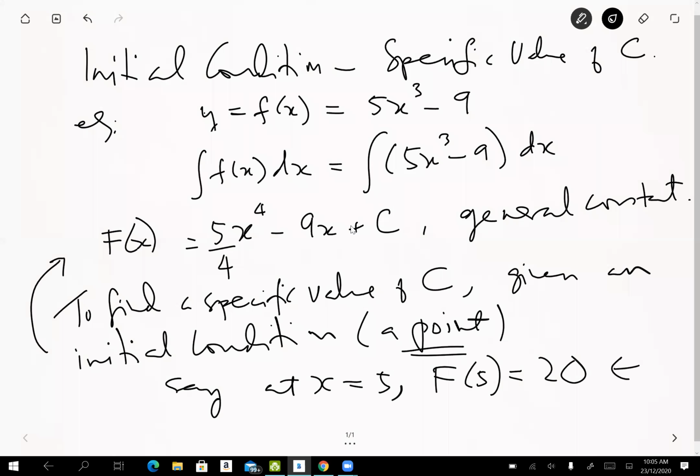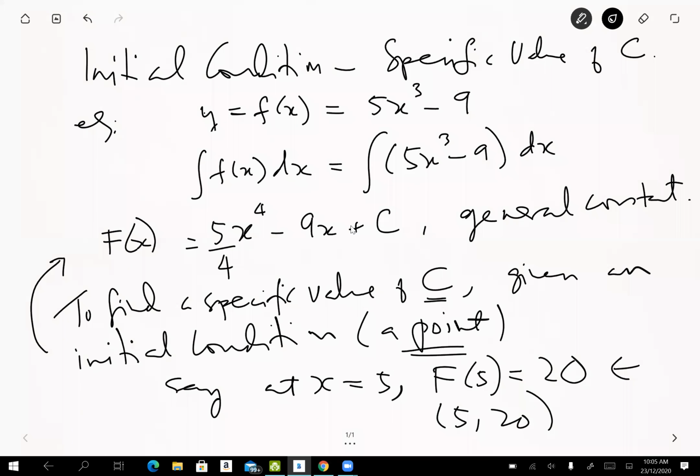We are given a point, in other words the point 5, 20. All right, so now you can find a specific value of C by substitution. You substitute the value 5, which is x, into the integral, and the value of the integral is 20. So you can find C.